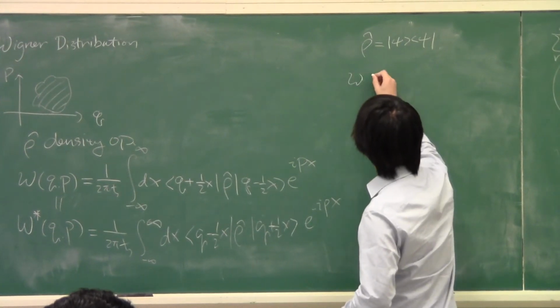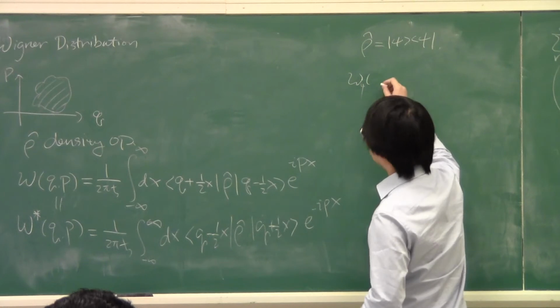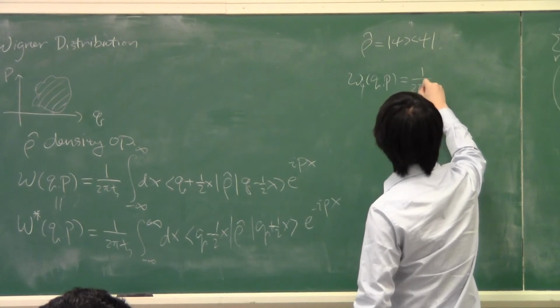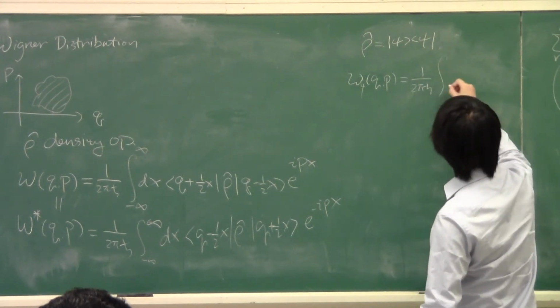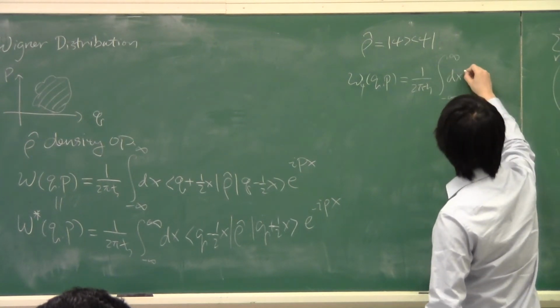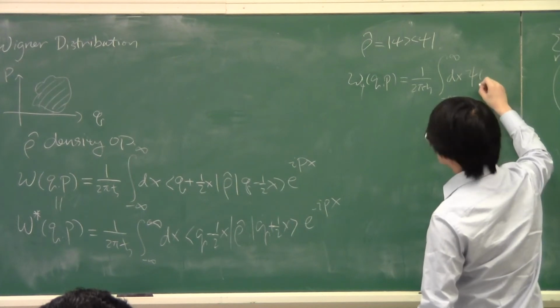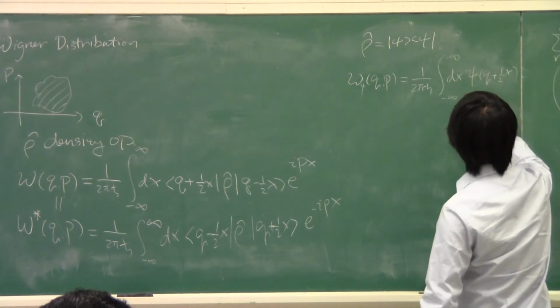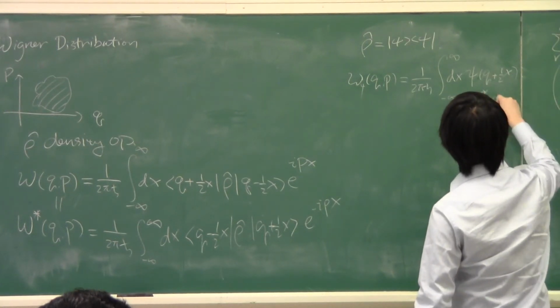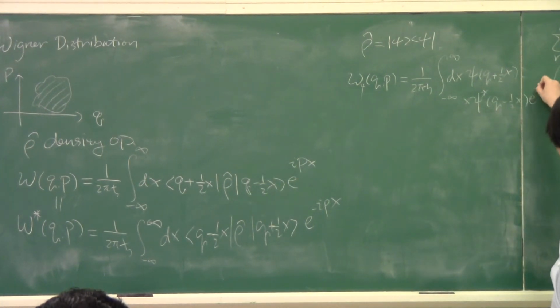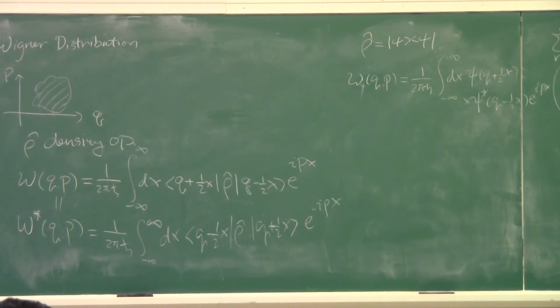So the Wigner distribution for this is 1 over 2 pi h bar, psi of, and then we have that phase factor.